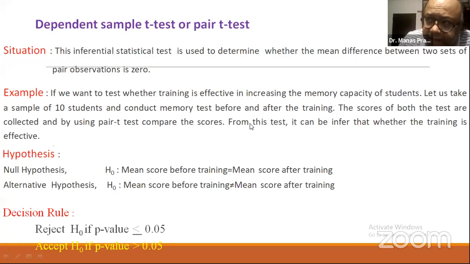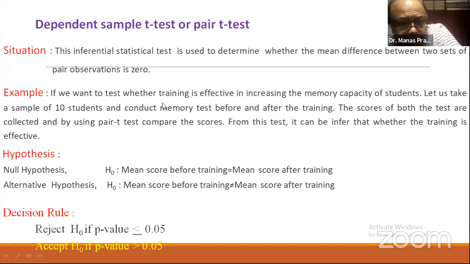So we have taken blood pressure readings from the same person twice, before and after the medication, and now we have to compare them. If the blood pressure level decreases after the medication, then the mean will decrease. That means if the means before and after are different, then we can say that the drug is effective.